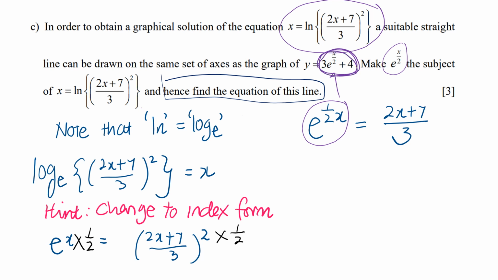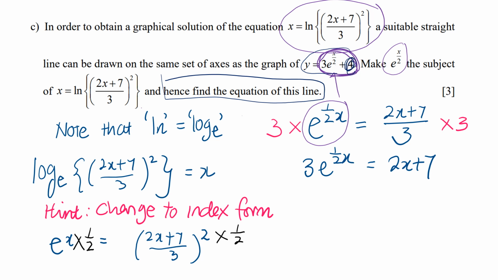So basically I need to do some additions to get this one here. I need to multiply by 3 on both sides, because if you look at what I've just circled for you, I have 3 e to the power x over 2. So I need to times 3 on both sides to get out my 3 e to the power x over 2. Right, so I now have 3 e to the power half x equals 2x plus 7. And that's still not enough, because if you go back to your curve, I need a 4 there.